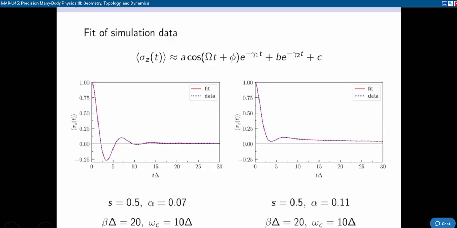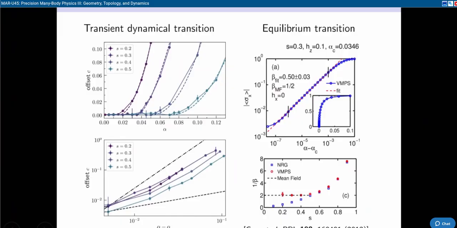It is known that in equilibrium, there is a quantum phase transition between localization and delocalization, and the details of this transition are known. These are our results, which Andrei also showed in part 1. This is the offset C, plotted for s smaller or equal to 0.5, and you can see a sharp increase at some point corresponding to the transition.